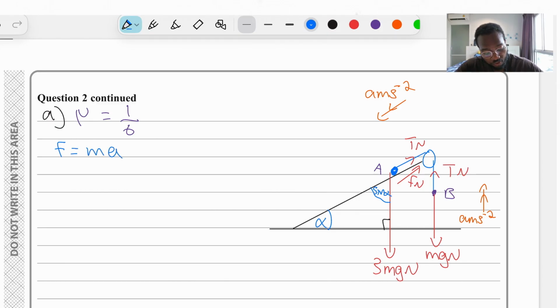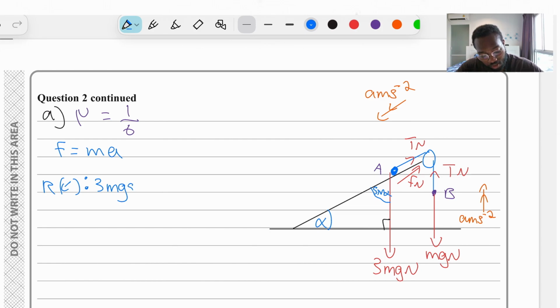In this case, if we resolve in the downwards direction, going down the slope, there is a downwards force for A, which would be the weight component, 3mg sine alpha.